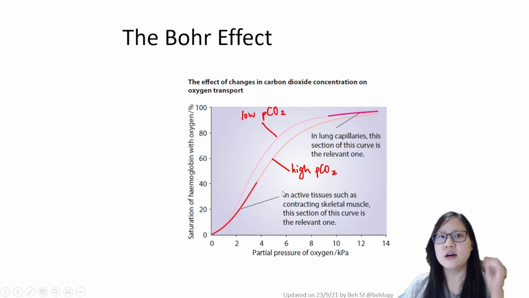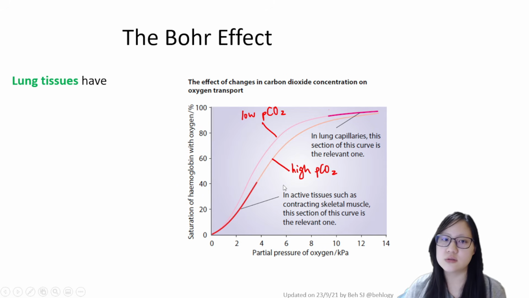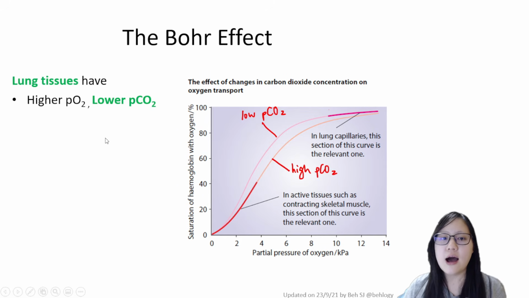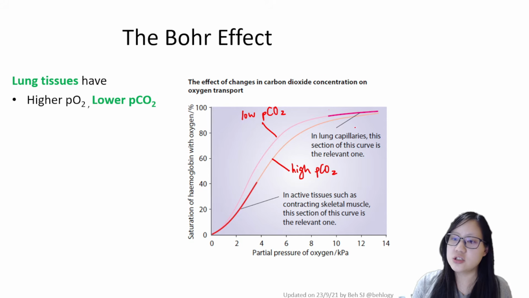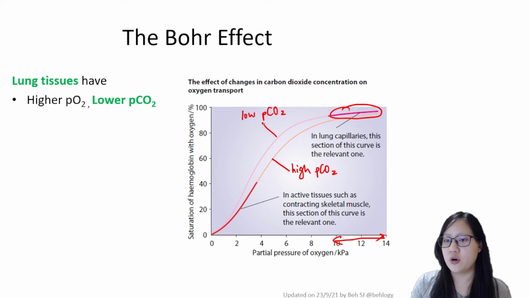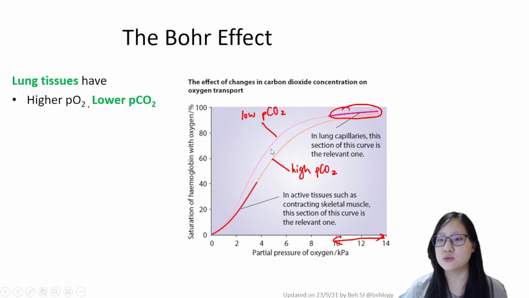We want hemoglobin to pick up oxygen in the lungs and deliver it to the tissues. Lung tissues have a high partial pressure of oxygen, low partial pressure of CO2. And therefore, the section of the curve that's relevant would be here, because in this region, partial pressure of oxygen is high, and it's on the line for low partial pressure of CO2.